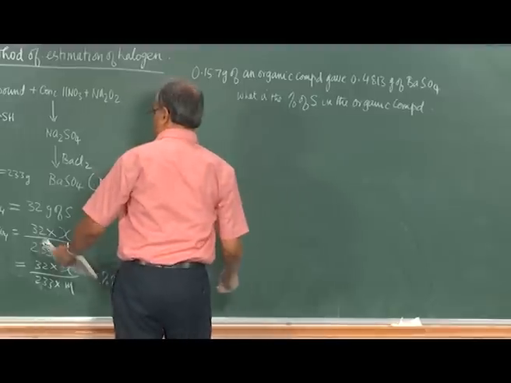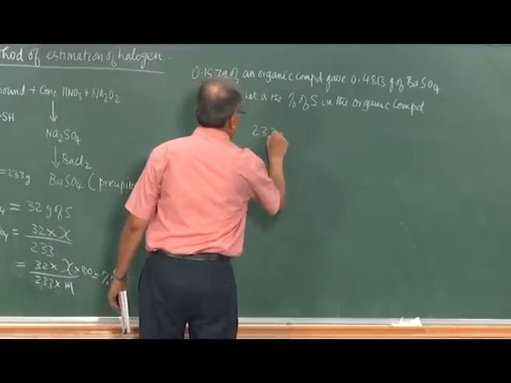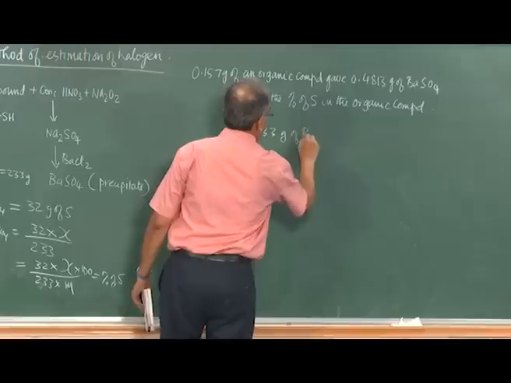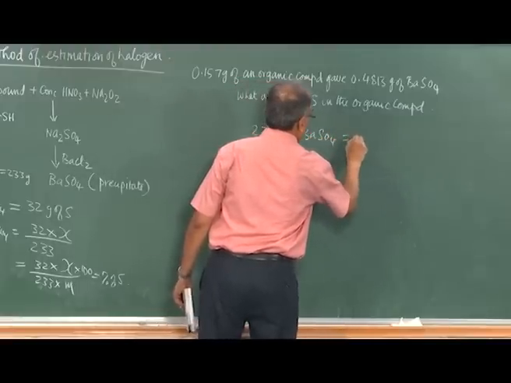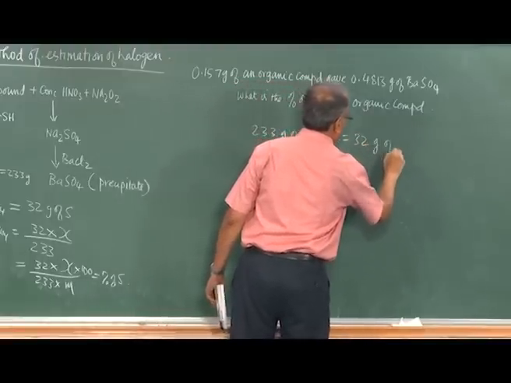So, you use the expression 233 grams of barium sulfate is equal to 32 grams of sulfur.